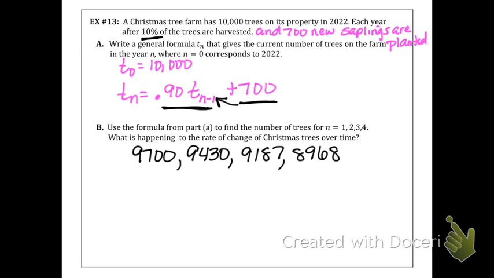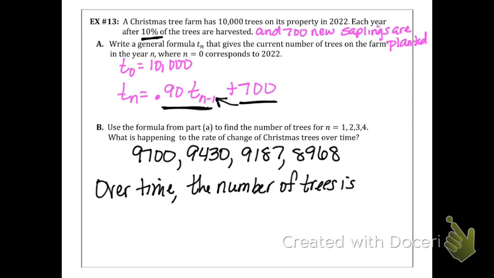All right, what is happening to the rate of change of Christmas trees over time? So it is decreasing, right? But what about the rate of it? How far is it from 9,700 to 9,430 to 9,187 to 8,968? Each time the amount is decreasing by what? So over time, the number of Christmas trees is decreasing at a decreasing rate.